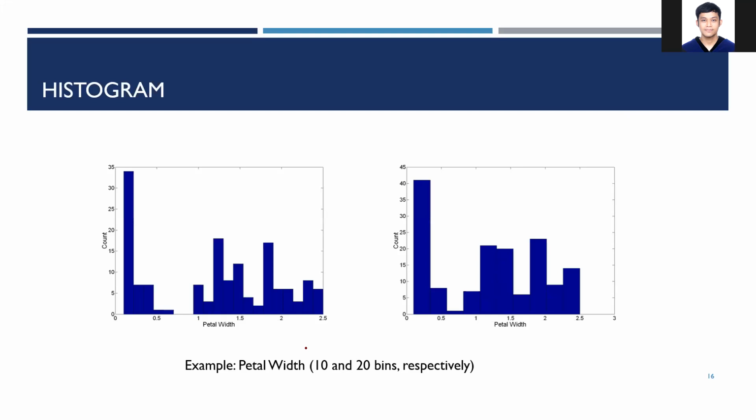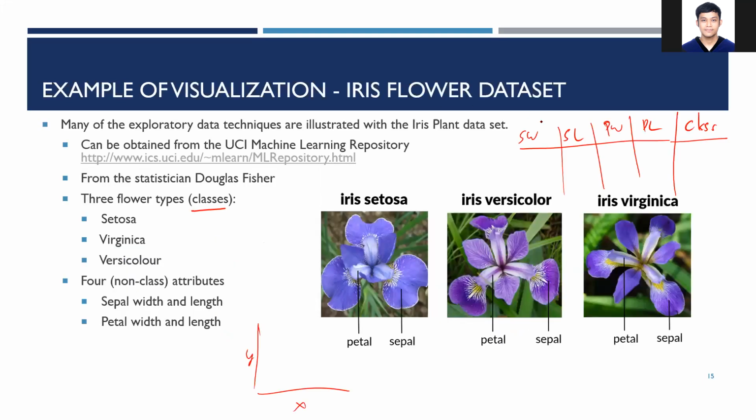For example, this is the histogram. We can use the histogram, but we know a histogram is only for one attribute. For example, this is the first attribute, petal width. Okay, I think I got this wrong, I think this is a different attribute. Sorry, I forgot. We have 4 attributes, 1, 2, 3, 4.